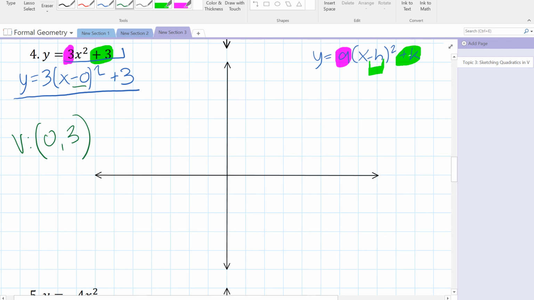So I'm going to plot that. I'm going to go to 0 on my x value and go up to 3 on my y. And now I've got a slope of 3. And so now instead of going up 1 or going up 2, I'm going to go up 3 and over 1, up 3 and over 1, and then I'm going to graph my parabola.